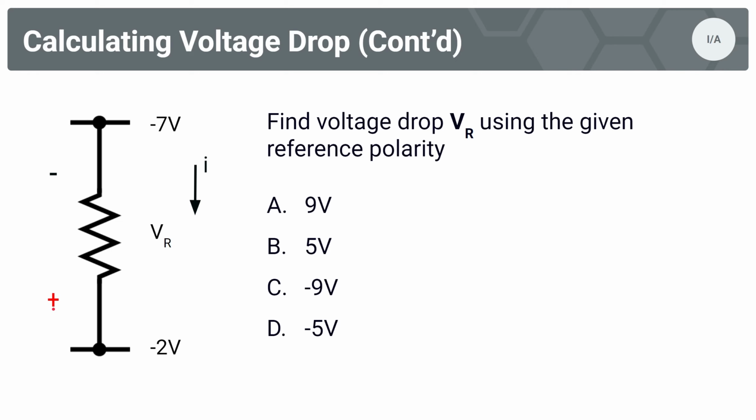The next step is to calculate the difference in volts between the two nodes of this branch flowing in the same direction as the current. So that would be -7 minus -2. -7 minus -2 is -5.